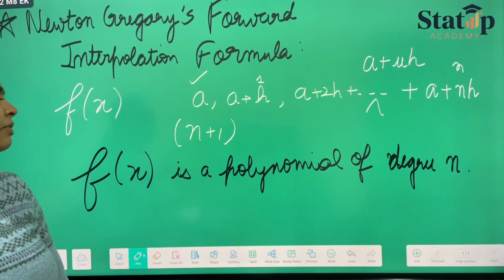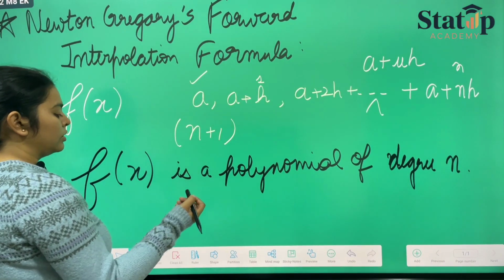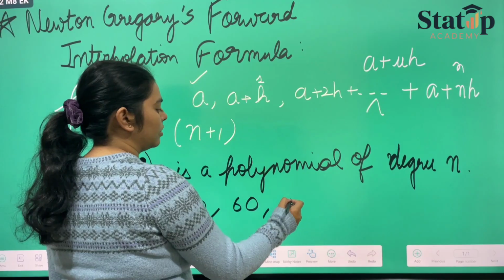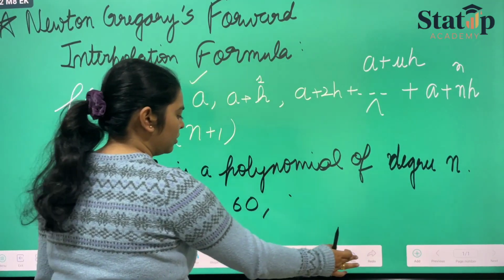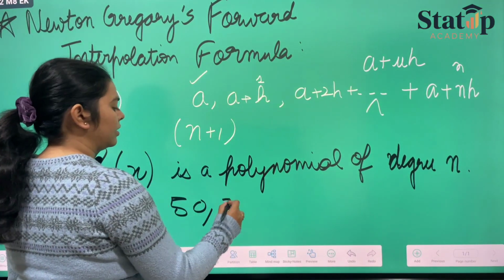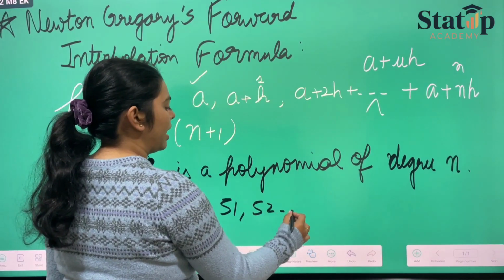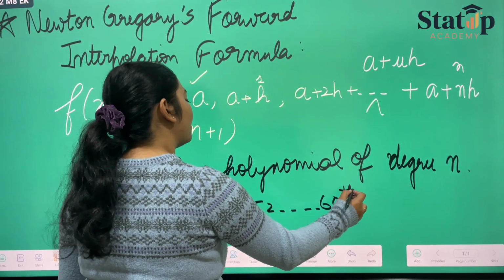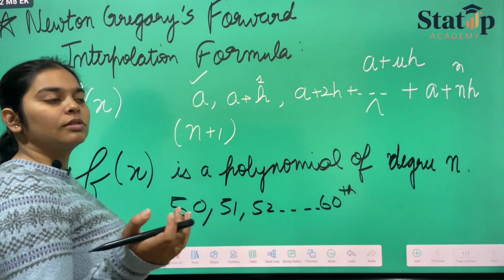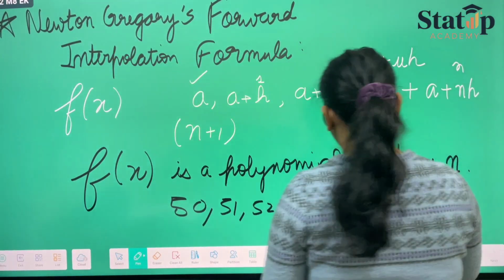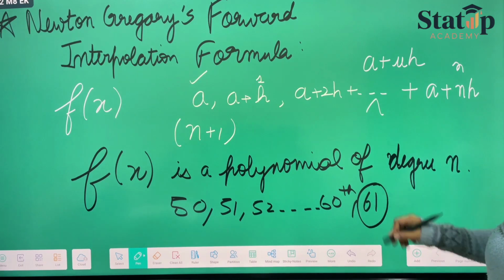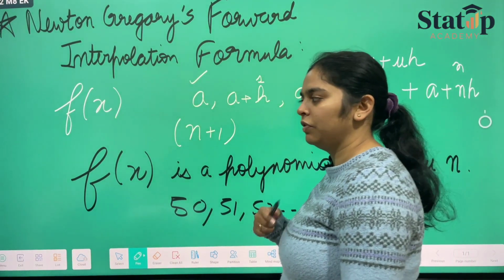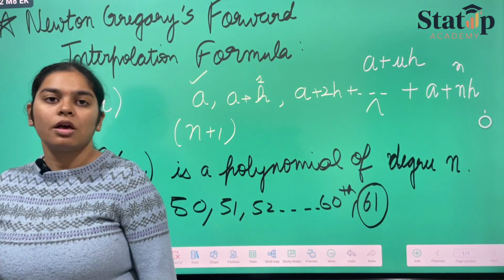Suppose we have been given a series: 50th term, 51st, 52nd, and so on, and the last term we have been given is at the 60th. But we have to find the term at the 61st number. Then we'll use Newton-Gregory's forward interpolation formula for this.